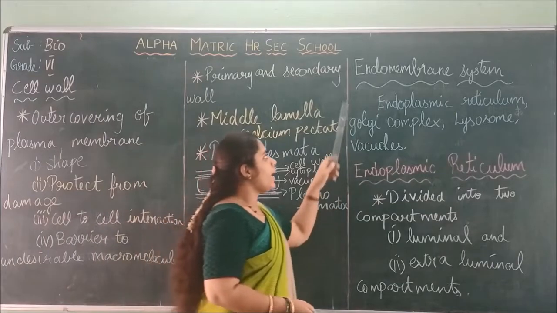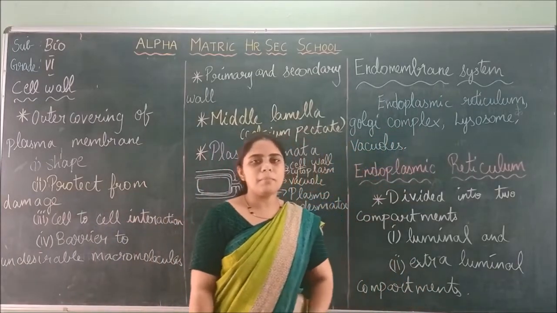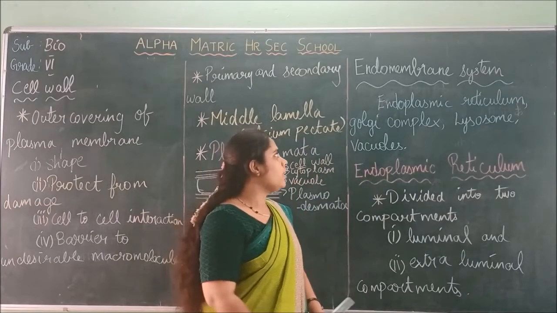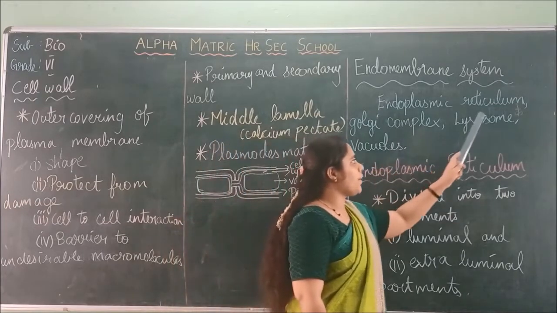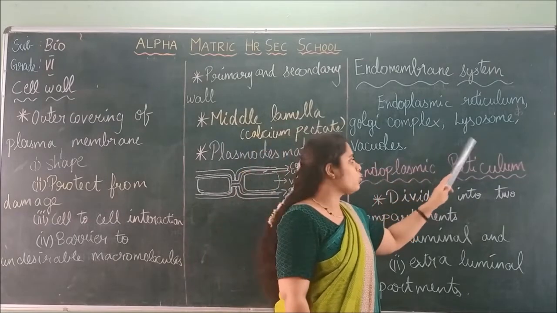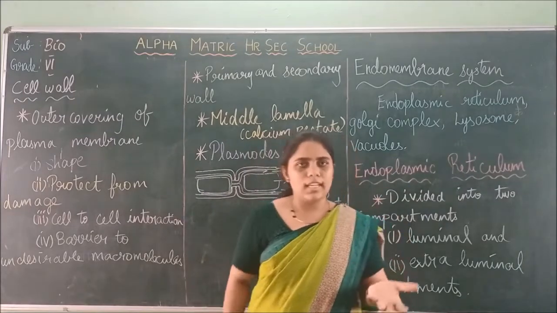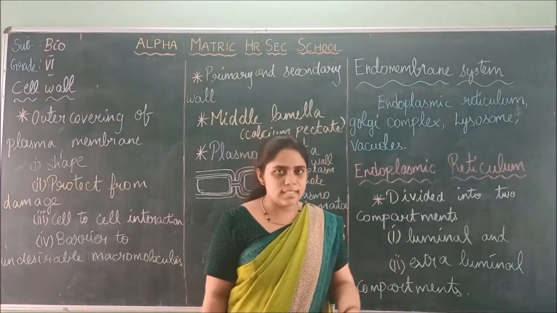And next is the endomembrane system. Endomembrane system means the endoplasmic reticulum, Golgi complex, lysosomes and vacuoles. These are different types of organelles that are present in the cell.